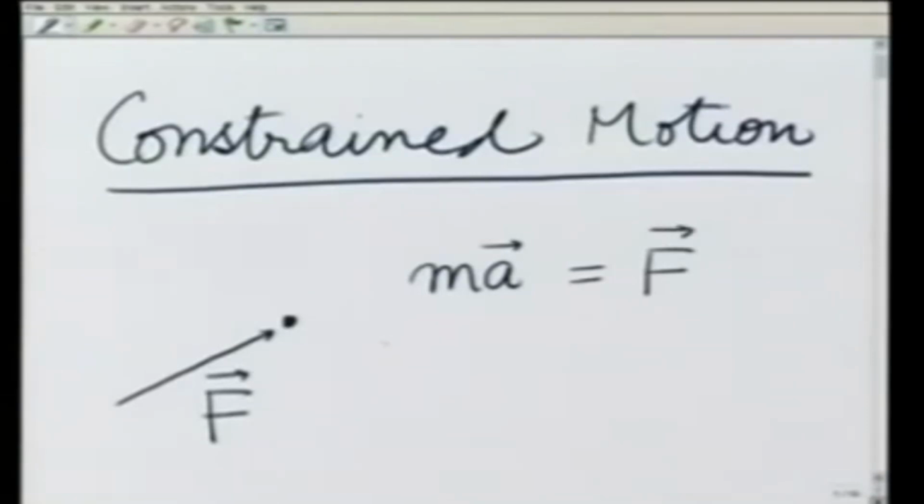Written in terms of its coordinate, I can write this as m r double dot equals F, where double dot denotes second derivative with respect to time. Of course, if the particle is free to move, that means it can go anywhere. Then I solve this equation and get r as a function of time given a force.